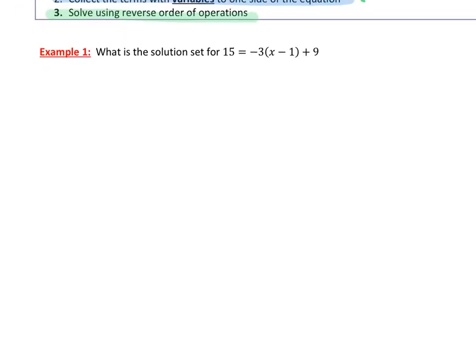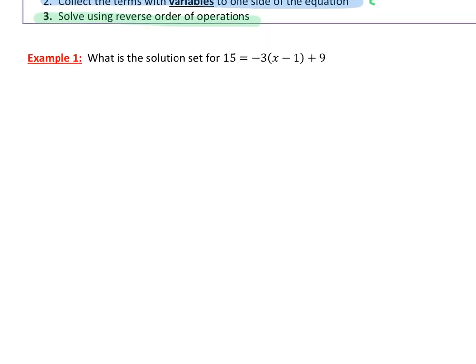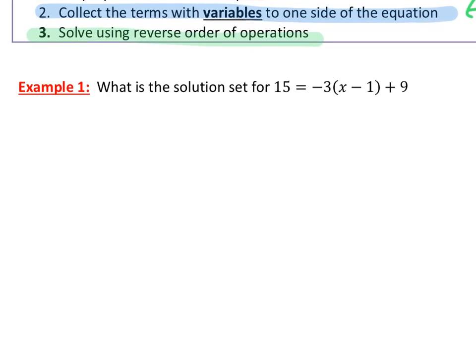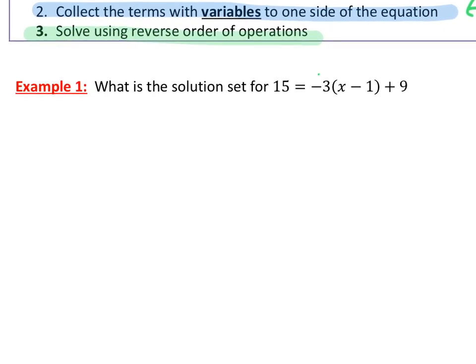Okay, so example 1. Going down through, the first step I had listed up there is to simplify both sides. So that's what I'm going to start off by doing for example 1. I am going to distribute this through, give me 15 equals negative 3x plus 3. The plus 9 comes down.